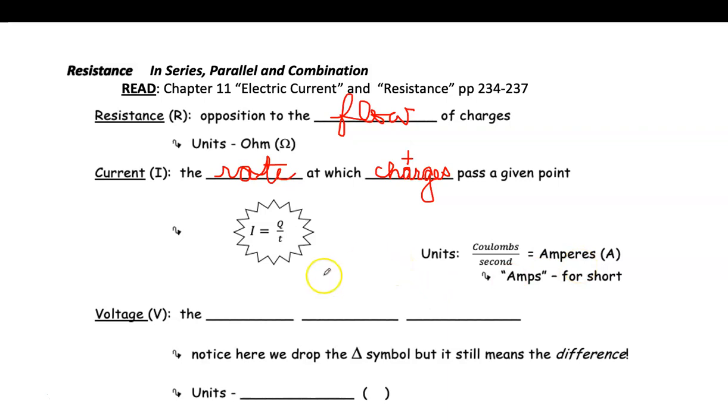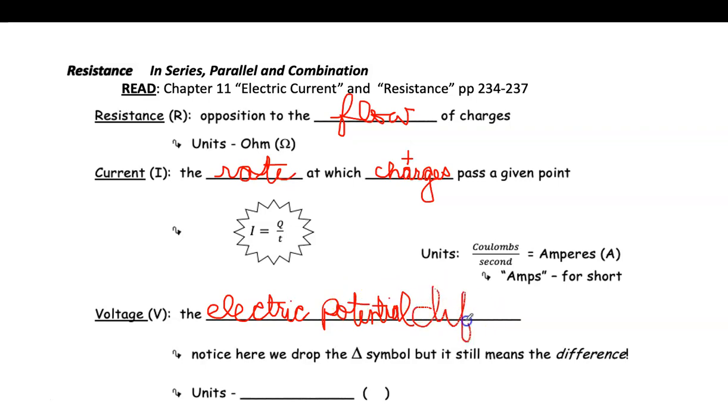Voltage, we've done this one before. You should remember it. What is the definition of voltage? Voltage stands for, you said it, electric potential difference. Again, it is a potential difference.